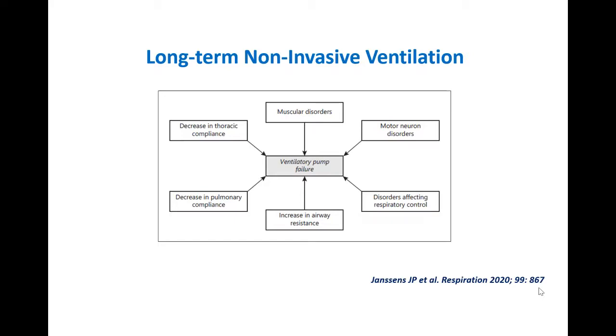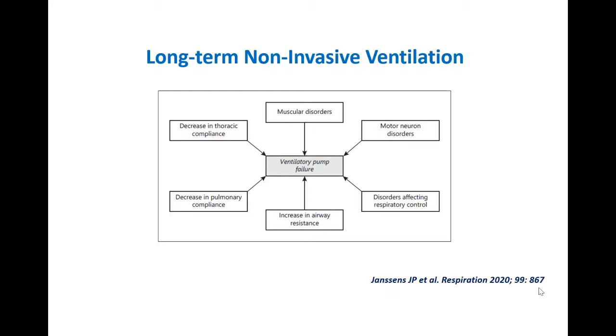It's the case when thoracic compliance or pulmonary compliance is decreased, and also we have a lot of patients with respiratory failure related to increased airway resistance, and of course COPD.